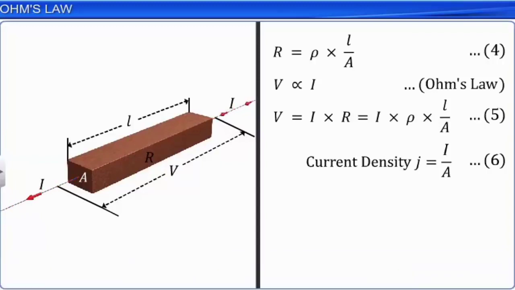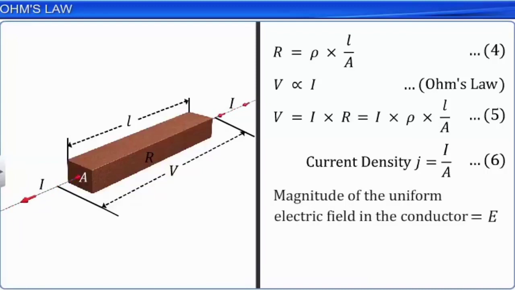When E is the magnitude of the uniform electric field in the conductor of length L, then the potential difference V across the conductor is expressed as V is equal to EL. Let this be equation 7.